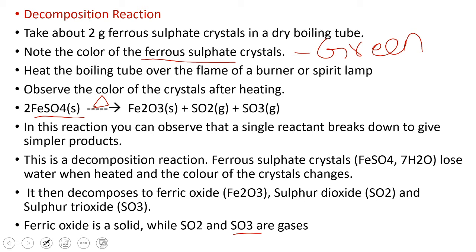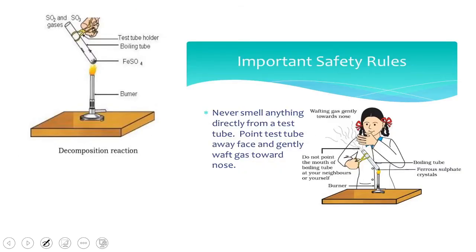A single reactant breaks down to give rise to two or more products. Here we are heating ferrous sulfate, so it loses its characteristic color because water molecules evaporate due to heating, and two gases, SO2 and SO3, are liberated.